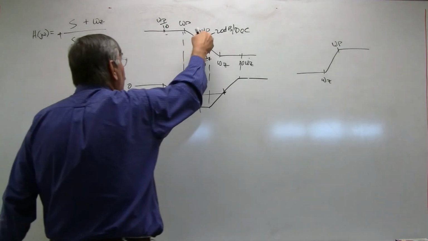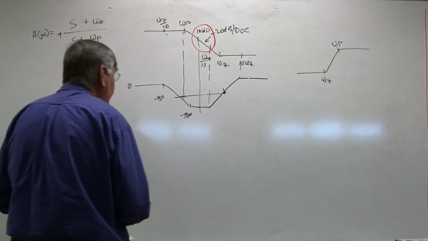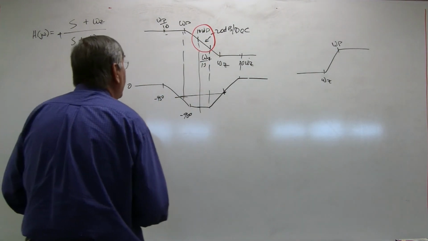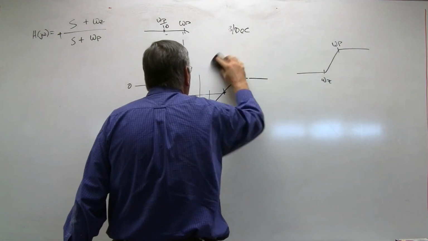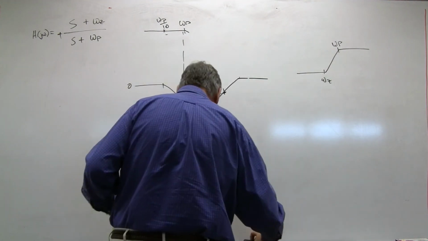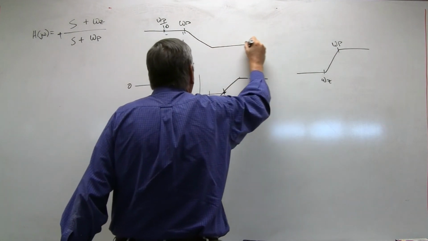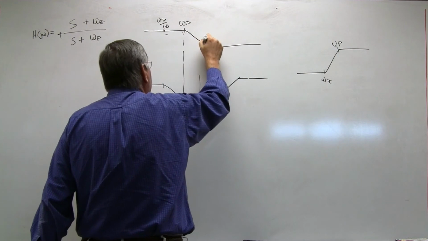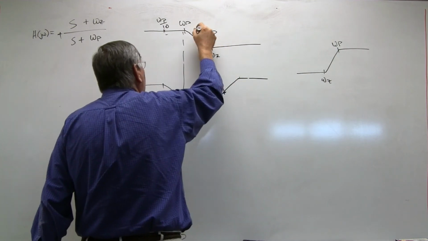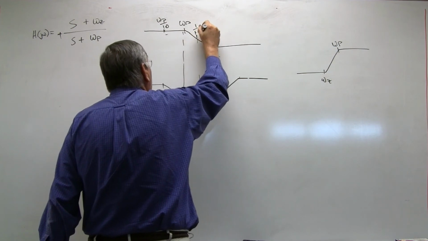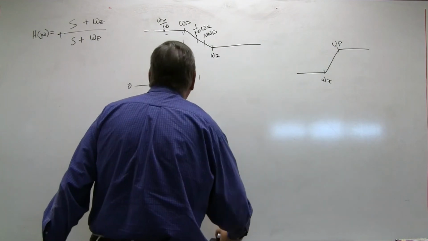If these two frequencies here had overlapped, so if we just move the entire thing a little closer to the left here, then all of this thing would shift to the left with it. So if omega p and omega z are a little closer together, then 10 times omega p could be here, this is omega z, and 1/10 omega z could be there, and these two things will then sort of overlap.